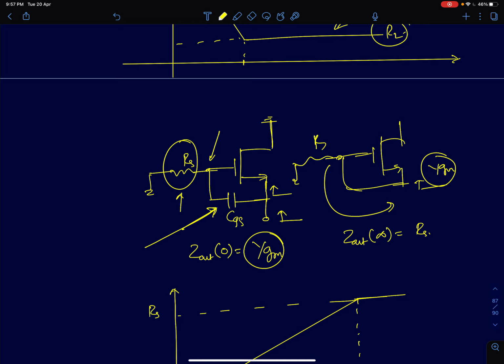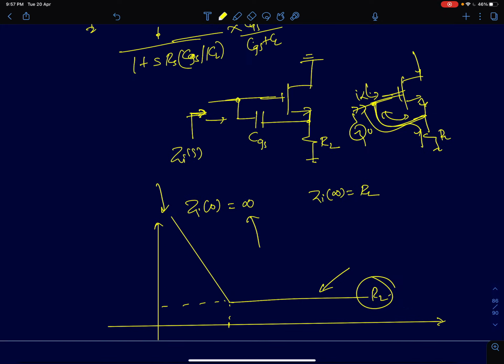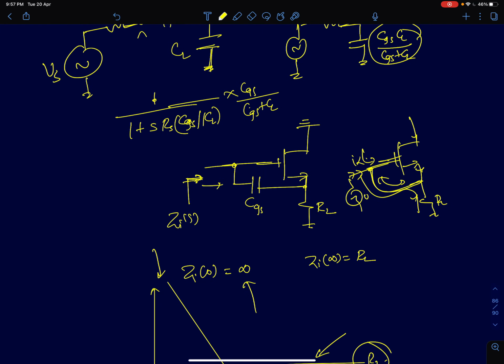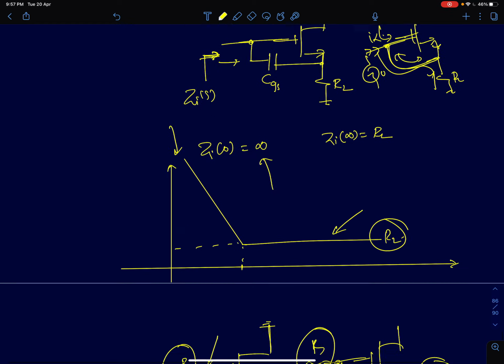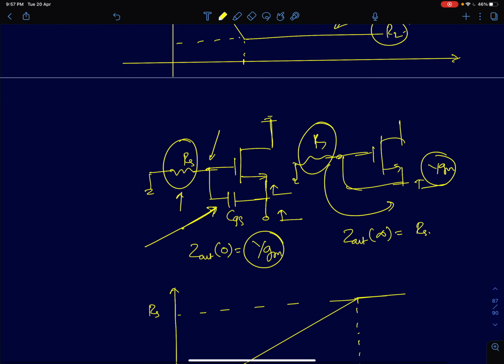It's offering a very high output impedance, which is equal to the source impedance itself. In the same way, at the input also, it's supposed to offer a very high input impedance, but it's becoming equal to the load resistance itself, which is not desired. So that's the problem that parasitic capacitors cause in case of a common drain amplifier.